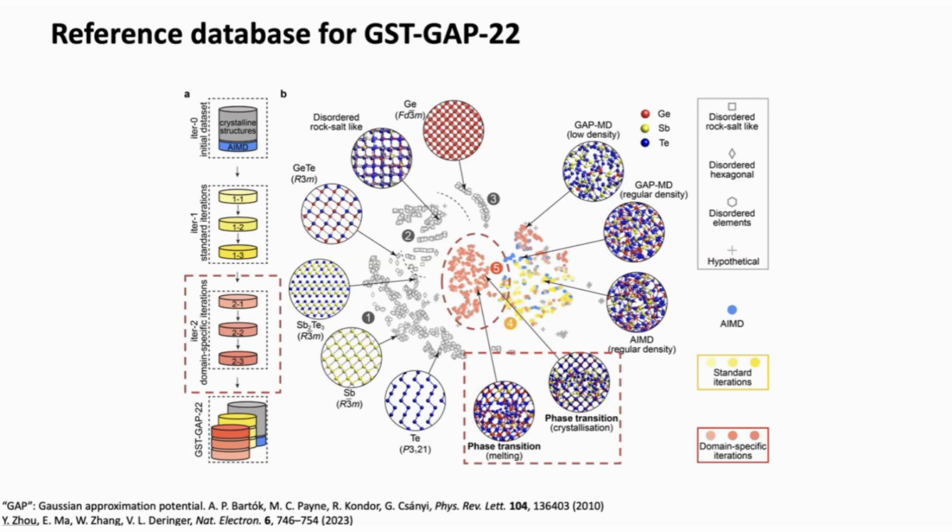The most important part of the training dataset is the intermediate configurations of melting and crystallization, as I highlight here, which we call domain-specific configurations. With the help of these intermediate structures, our potential can more accurately describe the phase transition process.